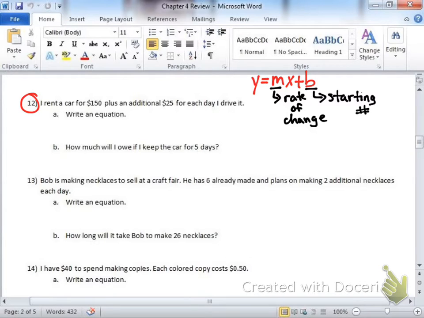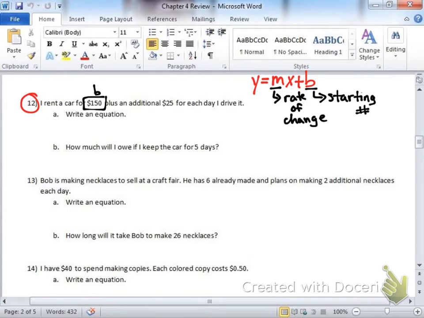So on number 12 it says, I rent a car for $150 plus an additional $25 for each day that I drive it. So how much is it costing to rent this car right at the beginning? $150. That's like the starting price.